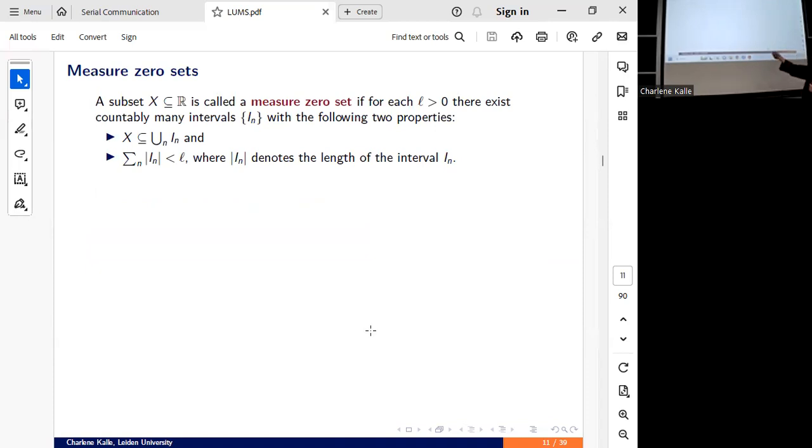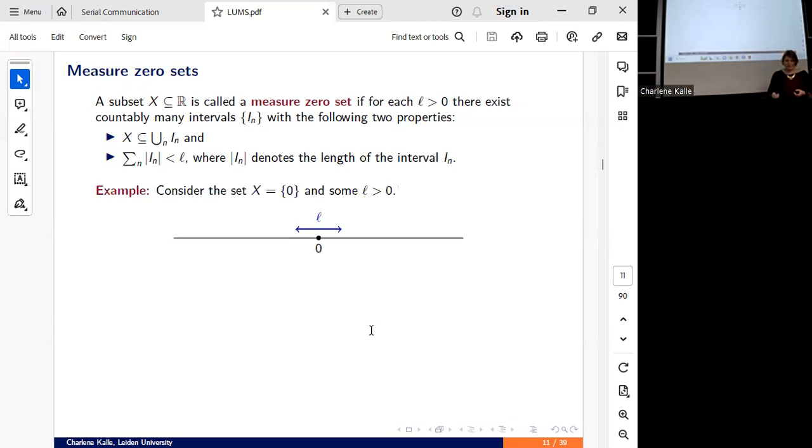And we say that a subset of the real numbers has measure 0 if it has the following property. For each L, an L you should think of as a small number. However small we choose a number L, we can always find at most countably many intervals such that the set that we are talking about is contained in the union of all these intervals, and the sum of the lengths of these intervals is less than L.